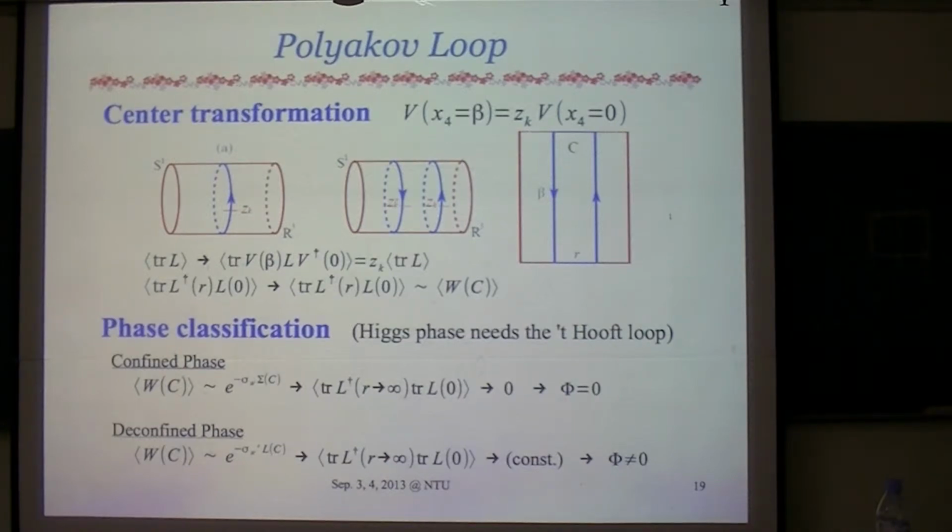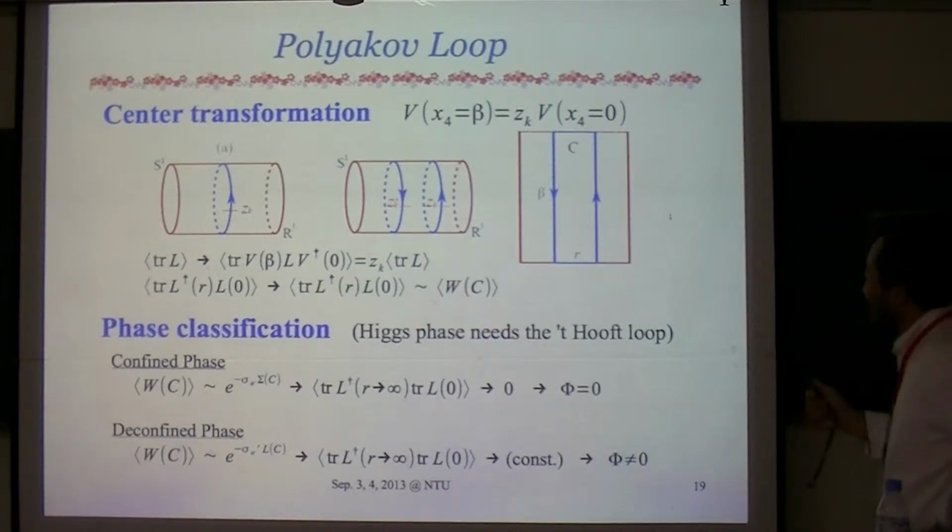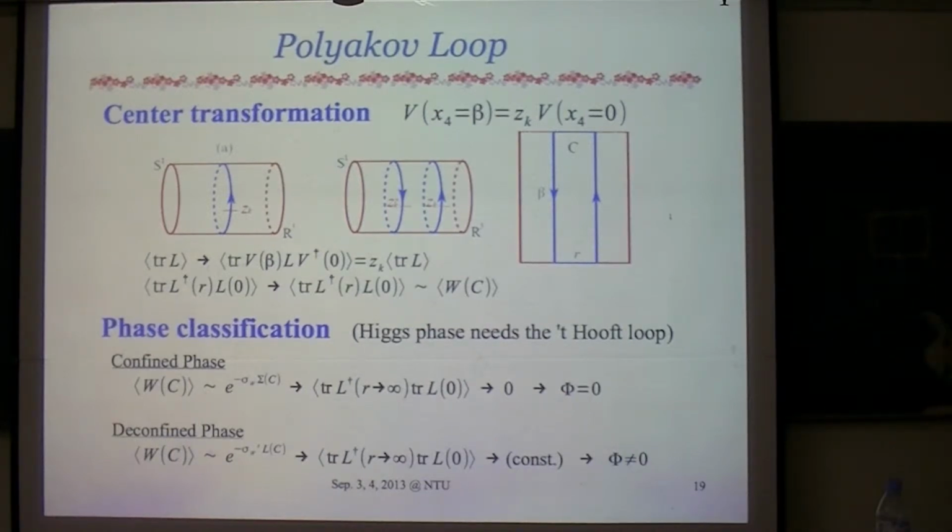So, as I said, this Polyakov loop is the order parameter for the center symmetry, and you can see that from the transformation properties of the Polyakov loop. The center transformation is a gauge transformation satisfying this twisted boundary condition, and you can easily introduce that by introducing a twist at some point along the temporal direction.